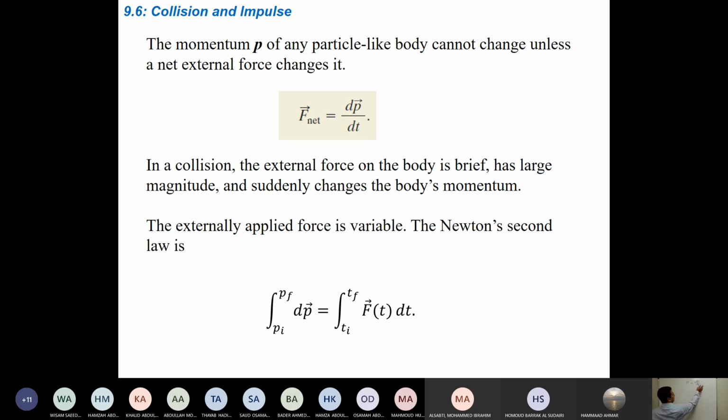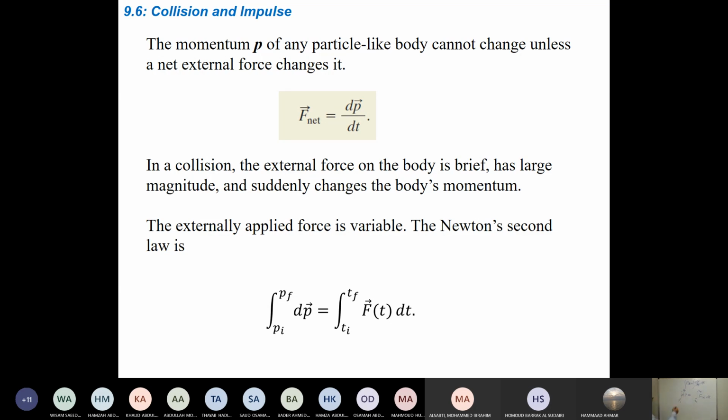So people who use integration multiply first with delta t on both sides and then take the integration. So delta p is going to change from the initial momentum to the final momentum. And we also see that this force is a time-dependent force, applied in the interval from Ti to Tf.